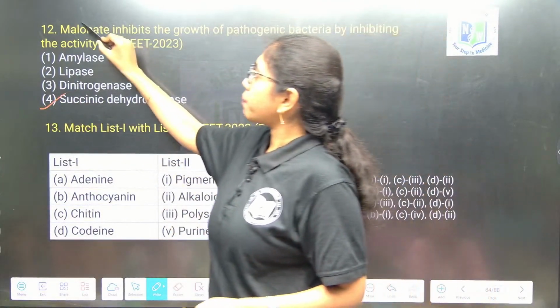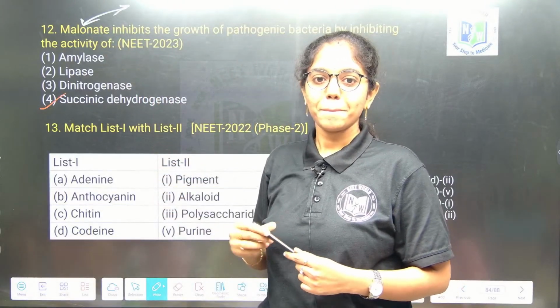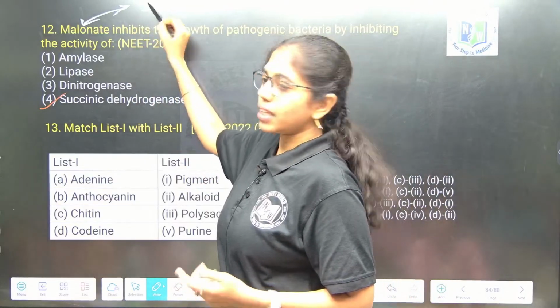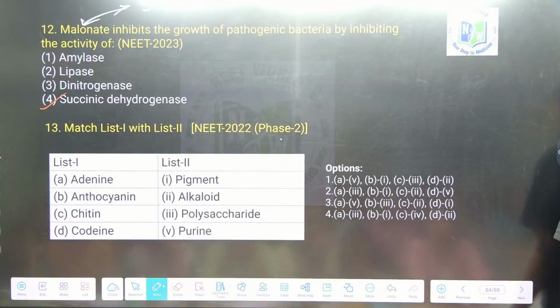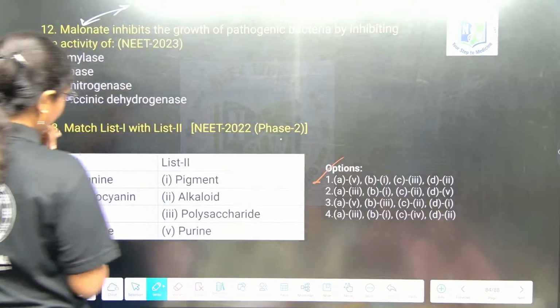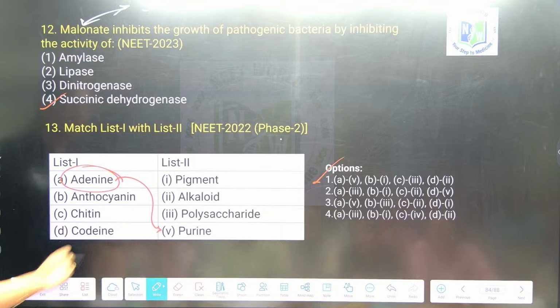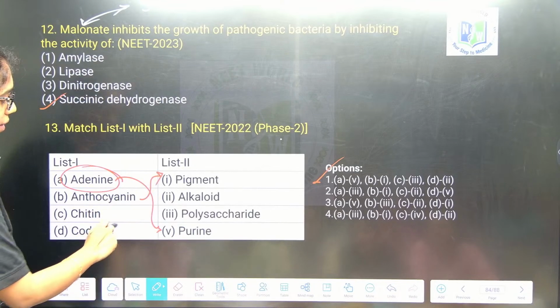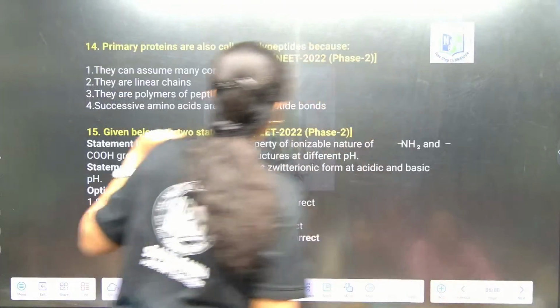Tell me with what substrate it is competing? Succinate or succinic acid. Okay. This question. You have to raise your hand. First option. Okay. Answer is already given. Adenine is? Anthocyanin? Chitin? Codeine? That's it. Next question.